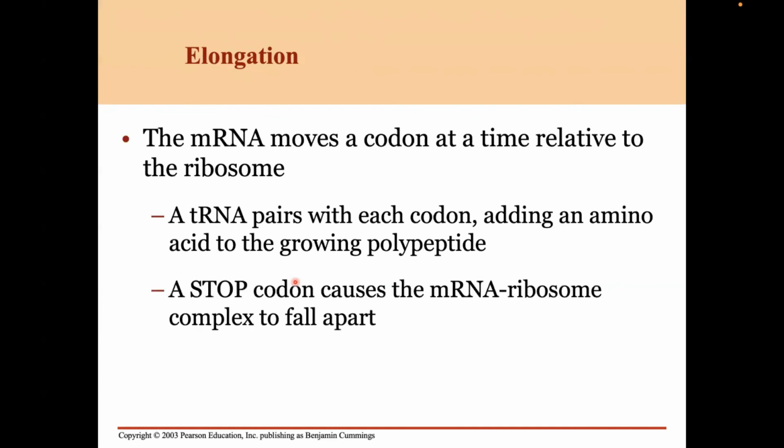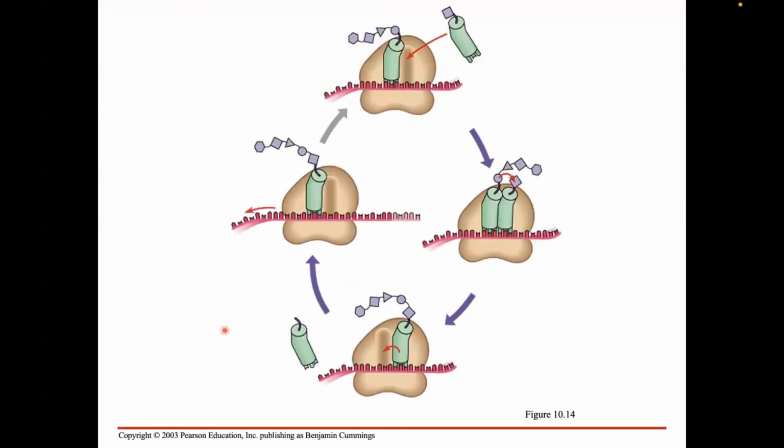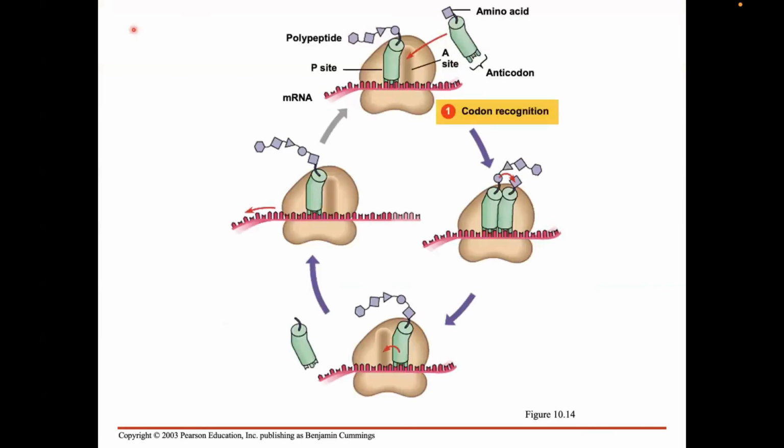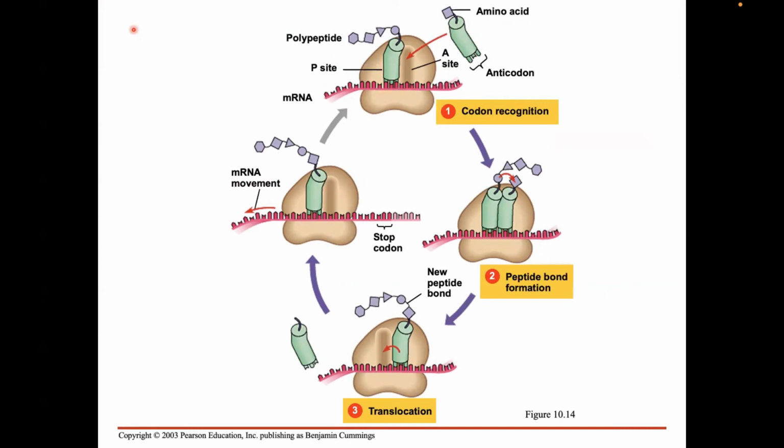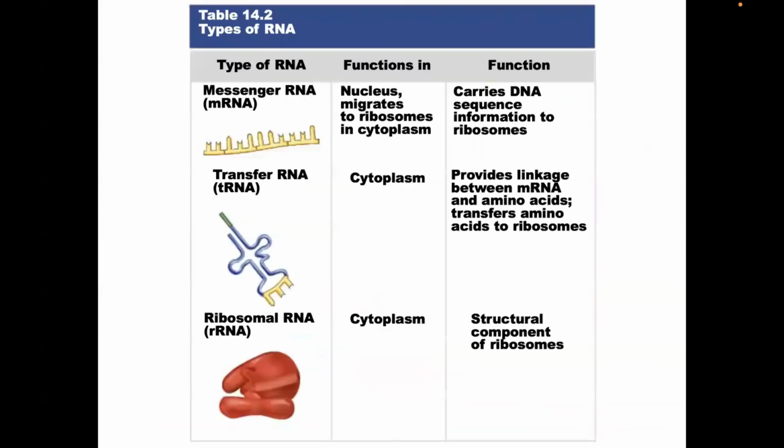And then a stop codon causes the mRNA ribosome complex to fall apart. So ito yung process na yon. From the codon region to peptide bond formation to translocation. Ayan, hindi pa siya tapos.